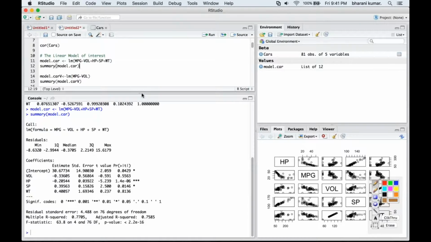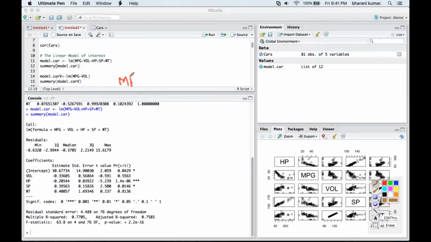How do we form an equation? How do we write an equation? Anyone? So what are we trying to predict? Miles per gallon is equal to, before that, output is equal to beta naught plus beta 1 x1 plus beta 2 x2 plus beta 3 x3 plus beta 4 x4. Why 4 x's? Because we have four inputs: volume, horsepower, SP and weight, and this intercept value is beta naught.